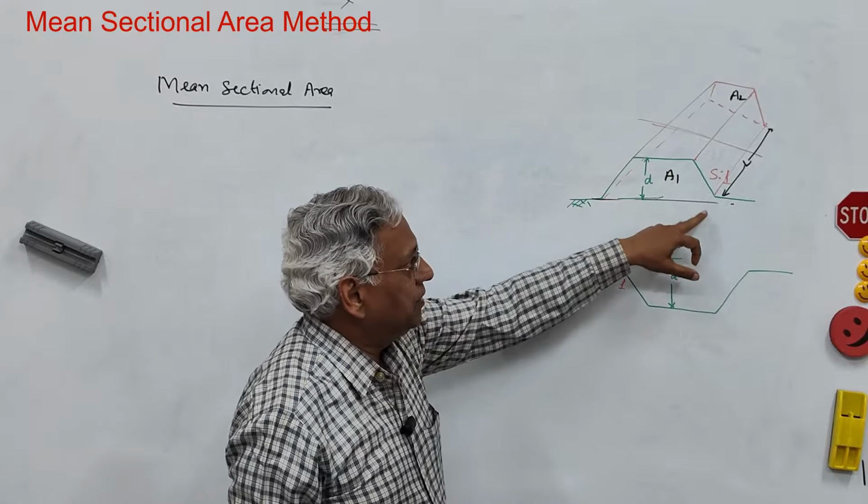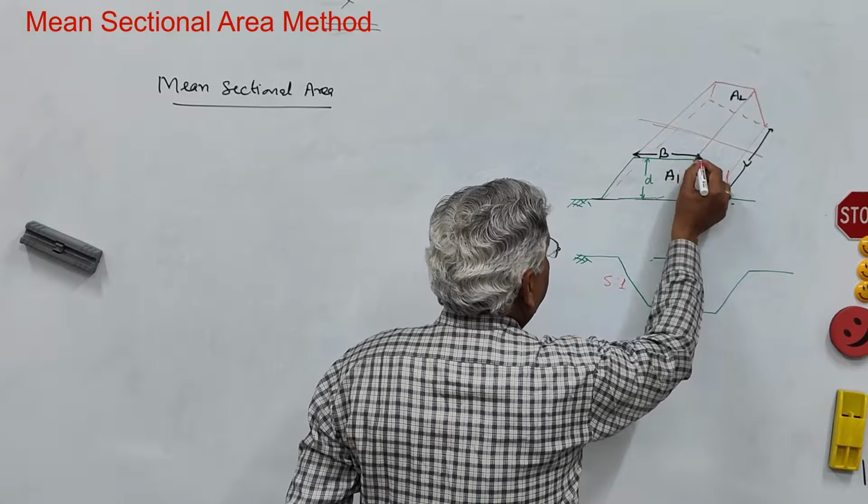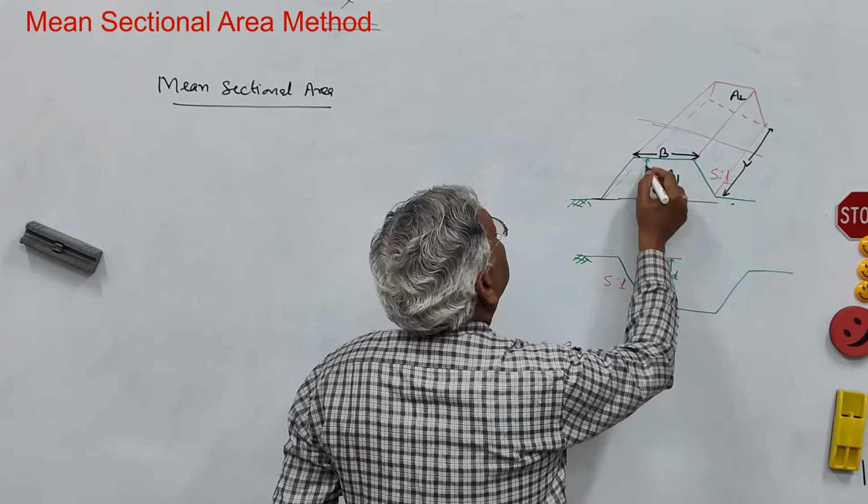And the area of this trapezium: let us say this is the formation width B at the top or B here at the bottom. This is the depth.